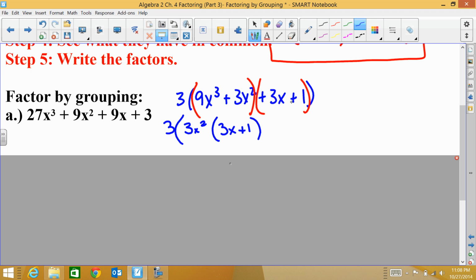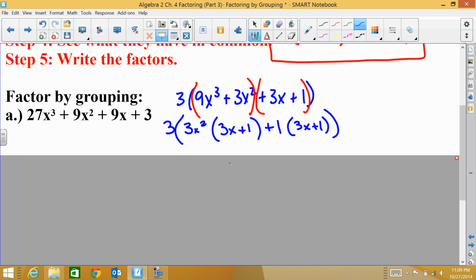Then if I look at the second group, I have 3x plus 1. There is nothing that I can divide those by that they have in common besides 1. So I'm just going to pretend that I'm taking out a positive 1. And so I would still have 3x plus 1 left over, because if I divide this by 1, it's still 3x, and if I divide this by 1, it's still 1.